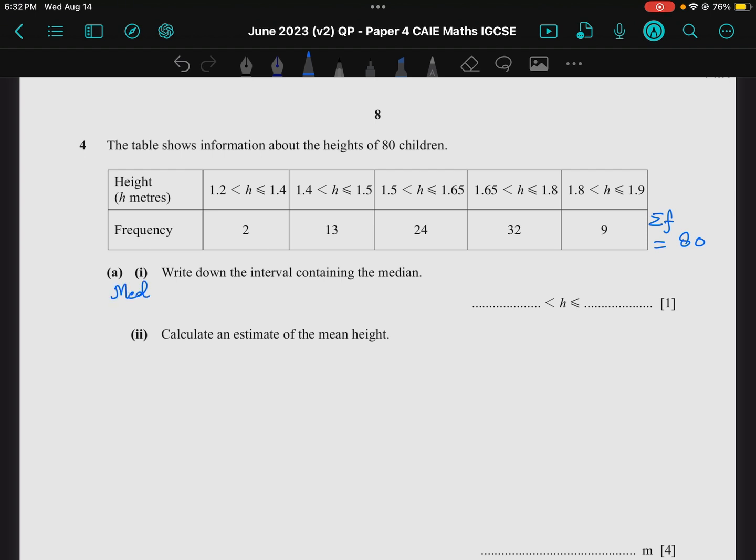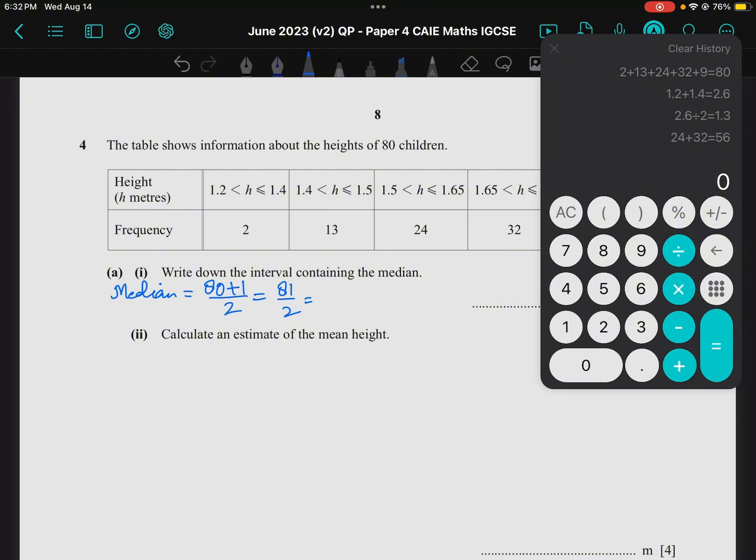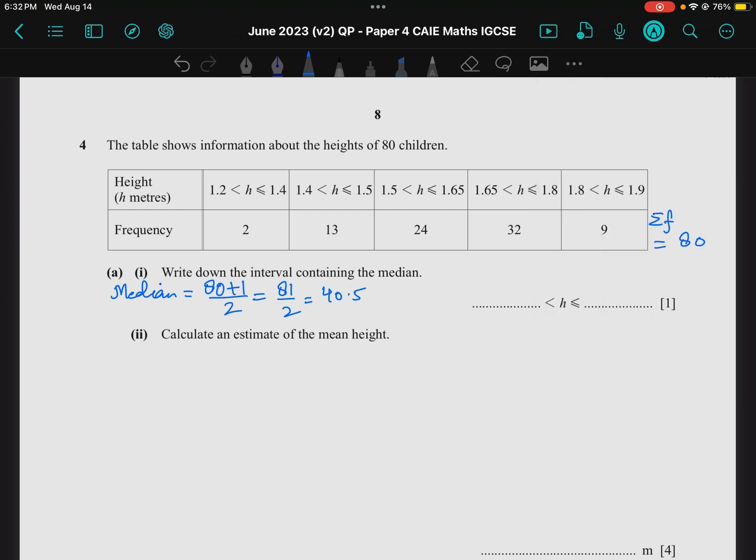So median is equal to, whenever the total is even, median is calculated as n plus 1 upon 2, that is 80 plus 1 upon 2, 81 upon 2, which will give you 81 divided by 2 is 40.5. So now find the cumulative frequency.